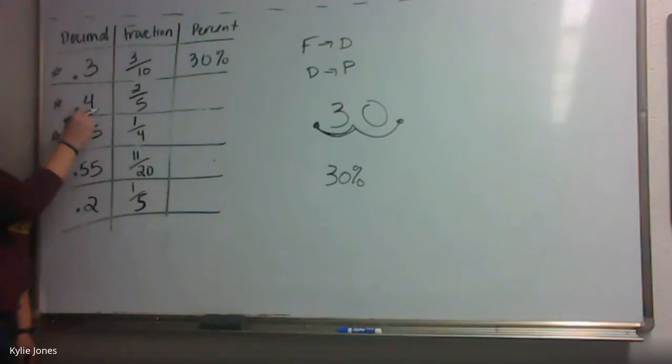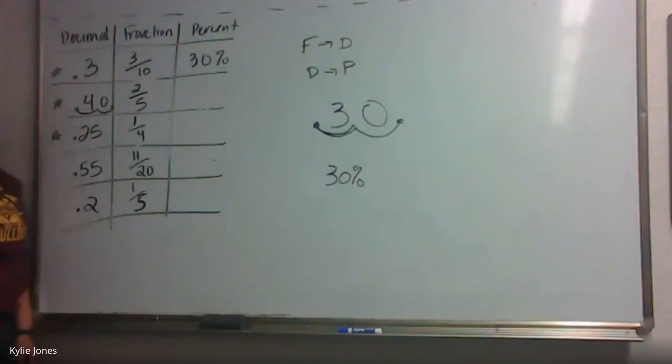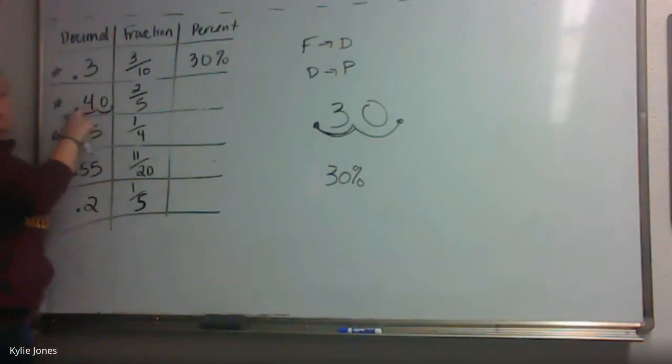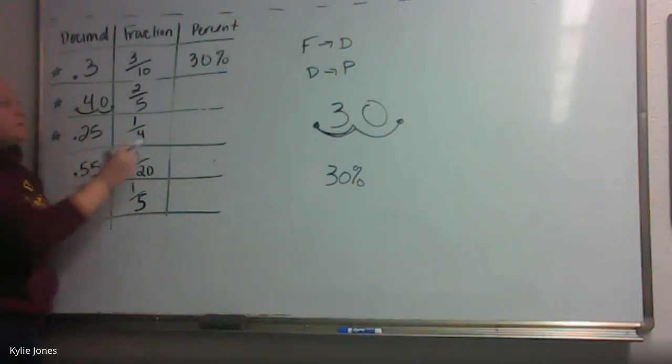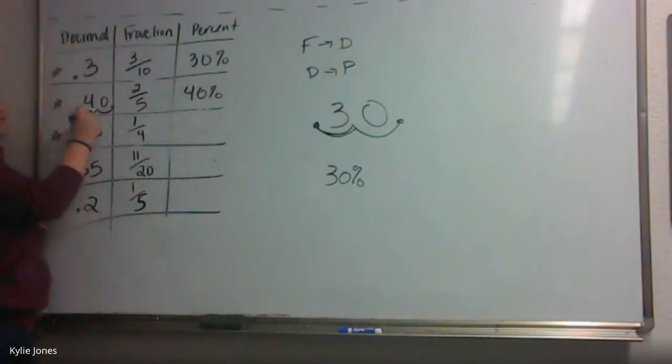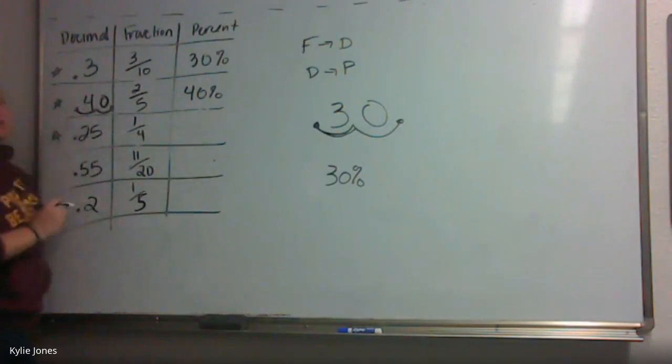But no matter what, always move it twice, and if you have to fill any place values, just put zeros in the place values. So this one is 40%, because when you move your decimal twice, you fill that place value with a 0 and you're good. Our next one, we have 0.25.